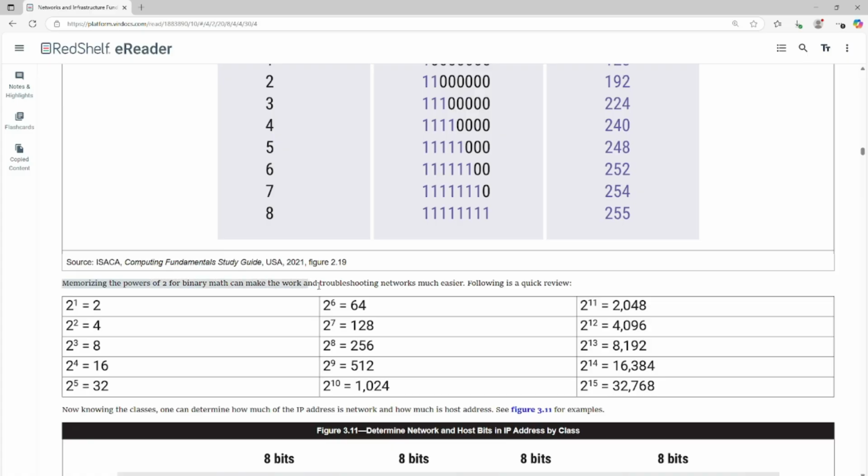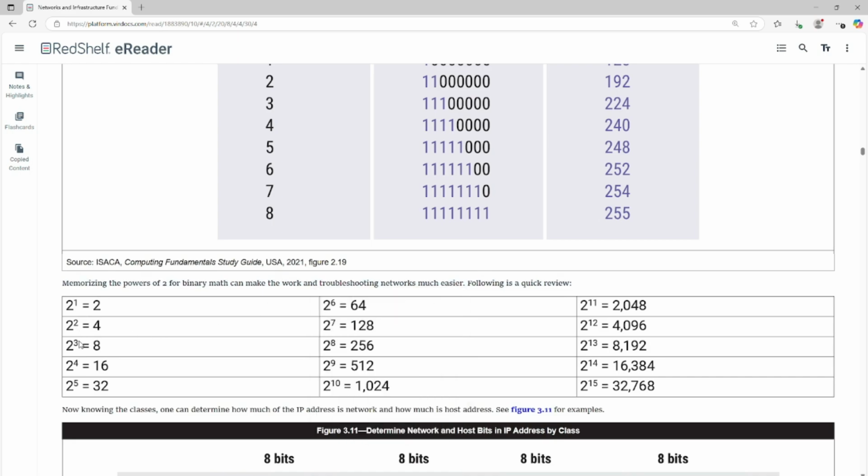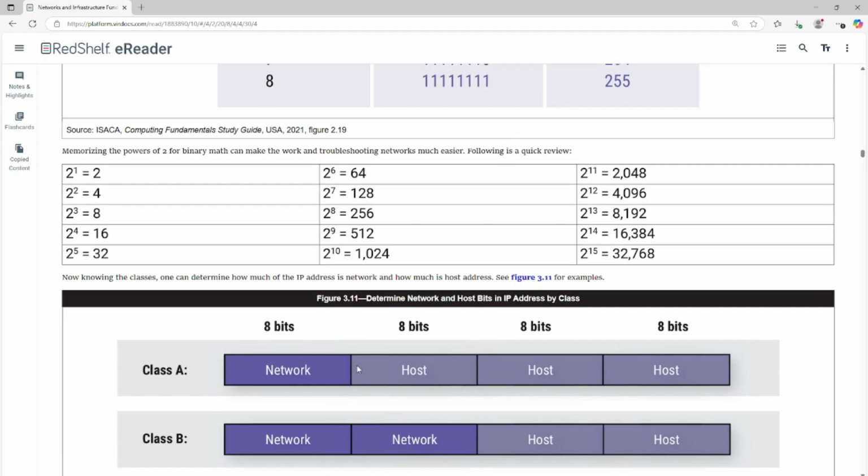Math can make the work and troubleshooting of networks much easier. This is kind of like a quick review: 2 to the first power, 2 to the second power, and it goes on and on. The diagram in figure 3.11 determines network and host in an IP address by class.